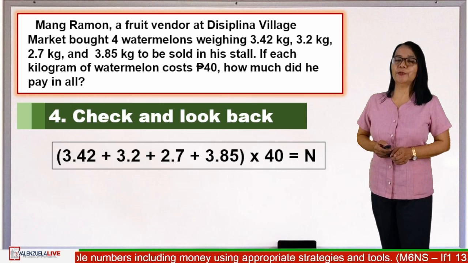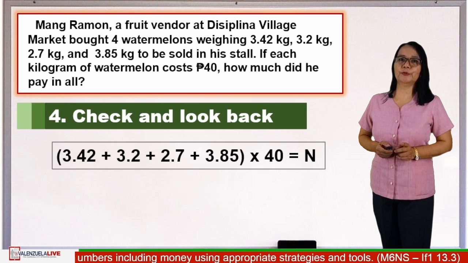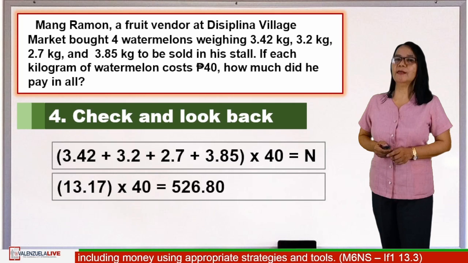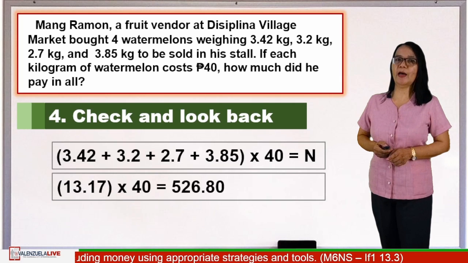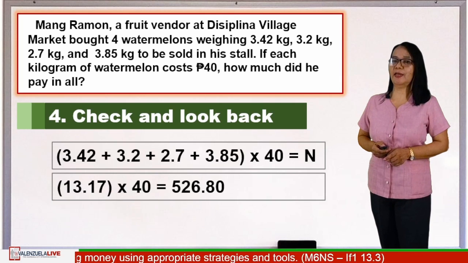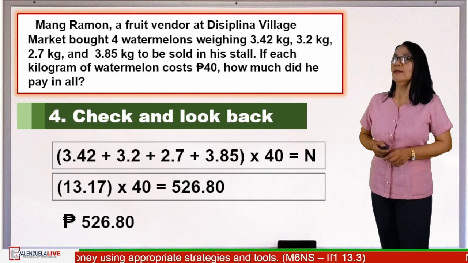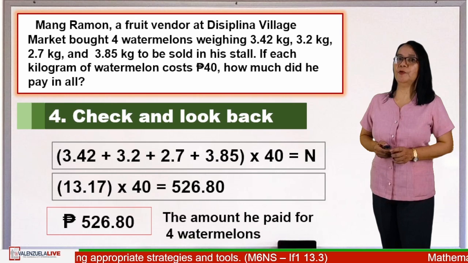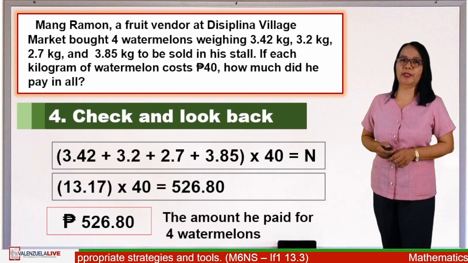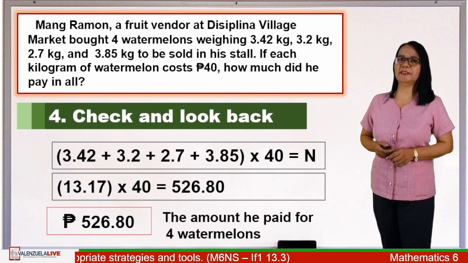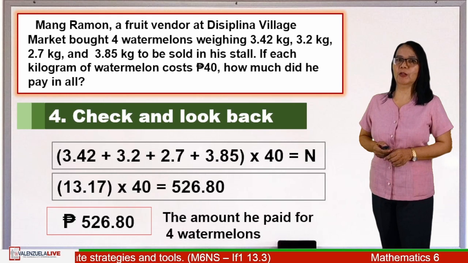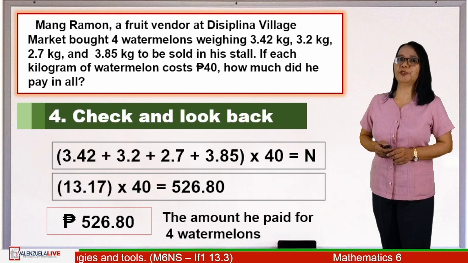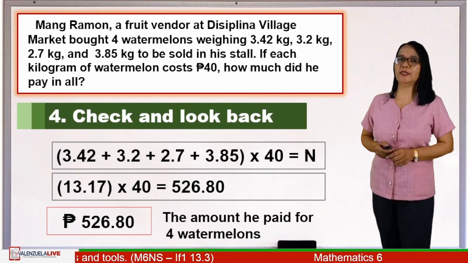So when you add them, it is equal to 13 and 17 hundredths times 40, which is equal to 526 pesos and 80 centavos. This time, you will go back to the problem and find out if you used all the information and your answer makes sense or is reasonable. You may also use a calculator to check if your computation is correct.